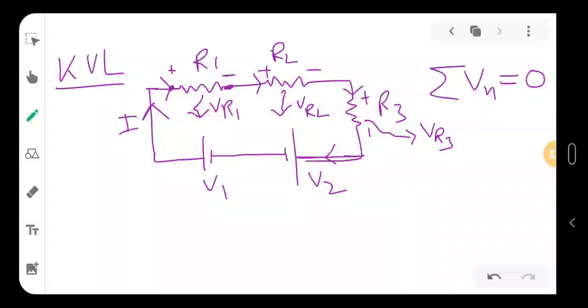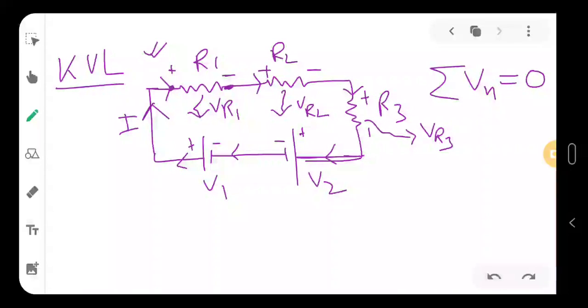The current is entering here, so this side is positive and this side negative, and on the other cell this side negative and this side positive. Current is going like this. Now if we move with the current, starting from this point, when we move along the current we have a plus sign at the beginning.